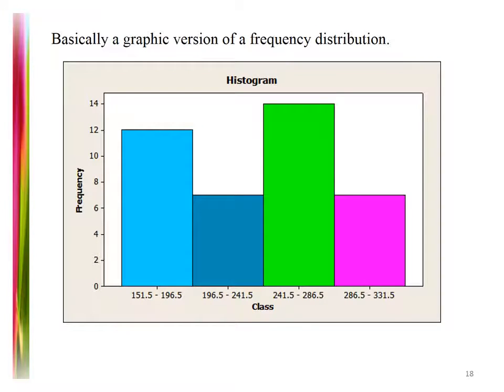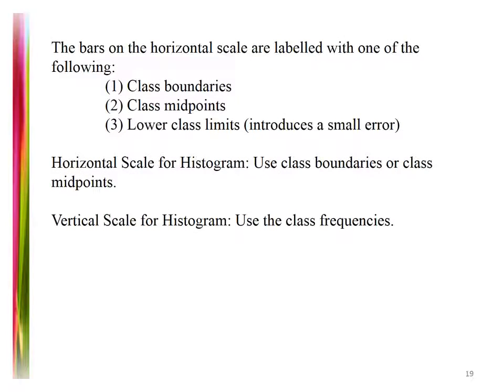This is the histogram for our example data. There is no gap between the bars, and this is the frequency: the first frequency is 12, the second is 7, the third is 14, and the last is also 7. On the y-axis we have the frequency, and on the x-axis we have some standard methods. We can label class boundaries, class midpoints, or lower class limits.